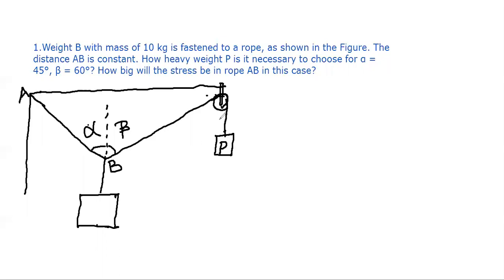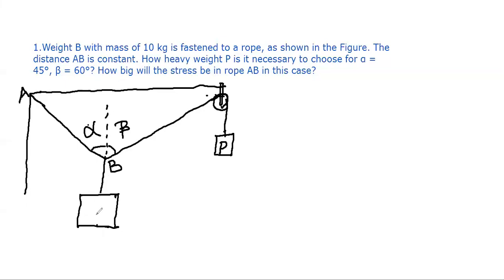Let us do a problem which is a little bit more difficult than what we have done earlier. A weight B with mass 10 kilogram is fastened to a rope as shown in the figure. The distance AB is constant.